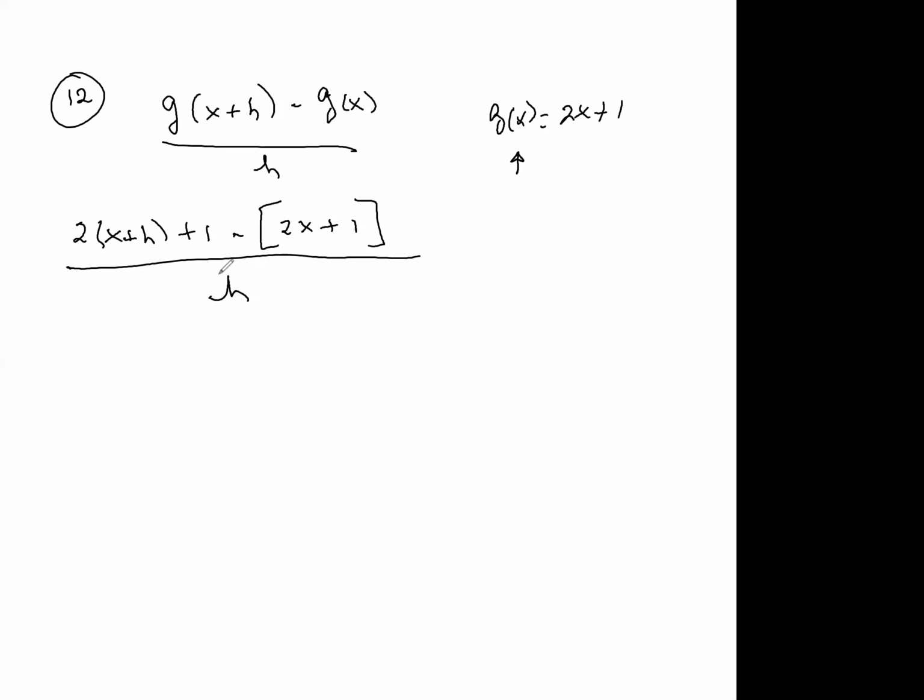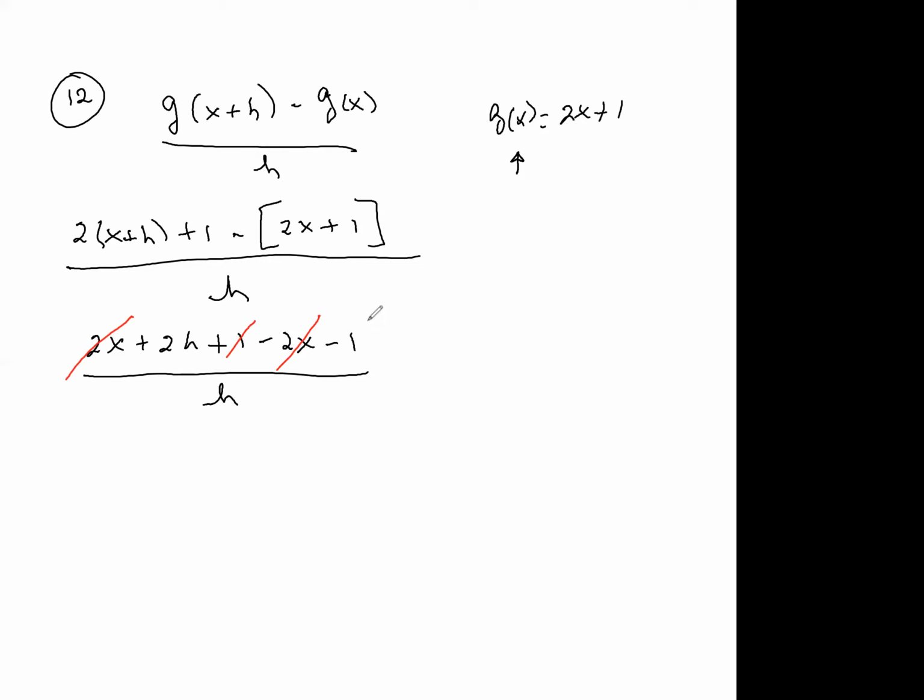We apply distribution. We open the brackets, divided by h. Positive 2x cancels negative 2x.